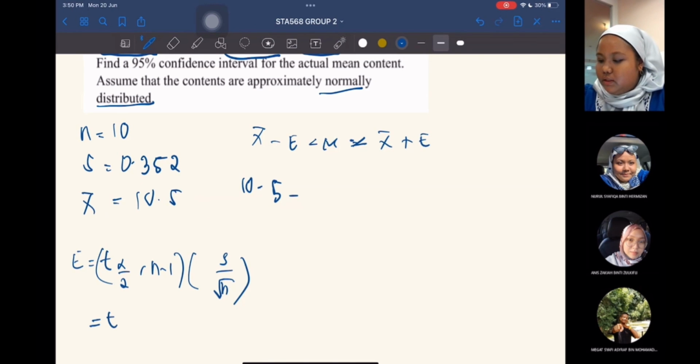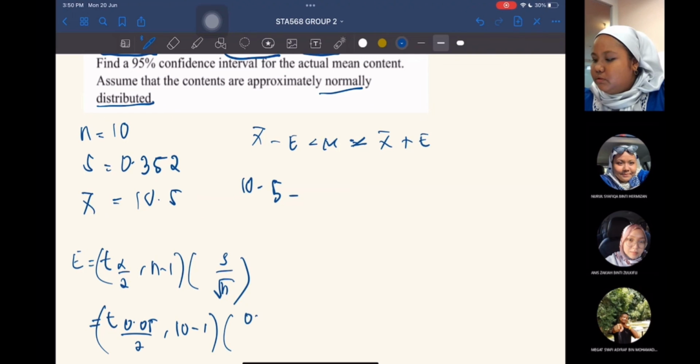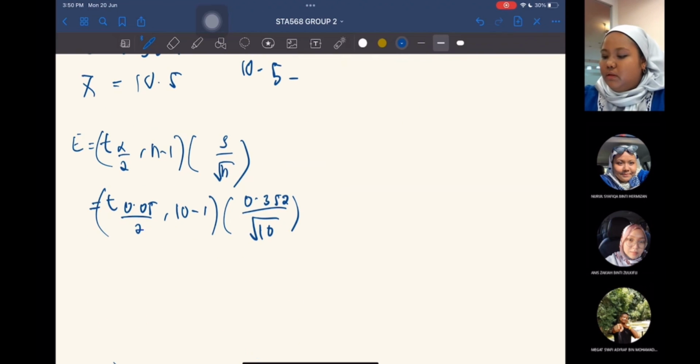Then we get t, our alpha is 0.05 divided by 2, our n is 10 minus 1, our S is 0.352 divided by the square root of 10. Then we will get 0.25.